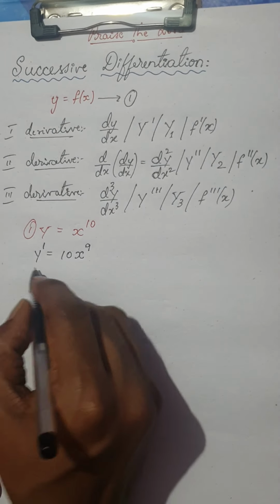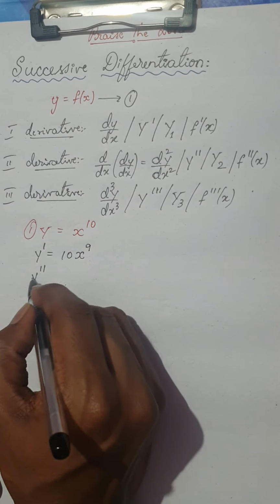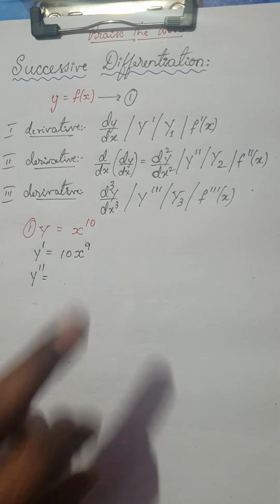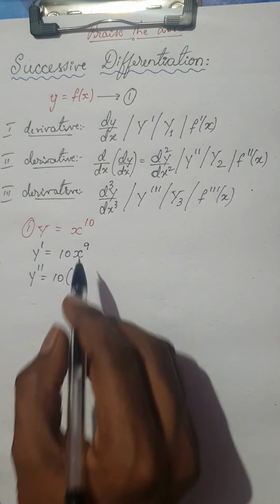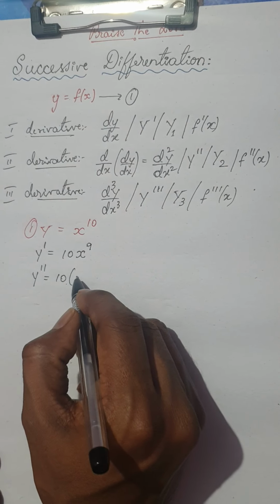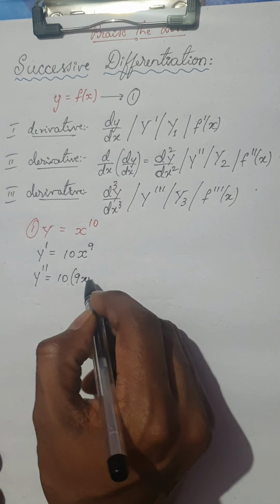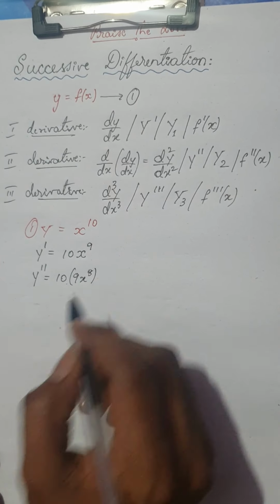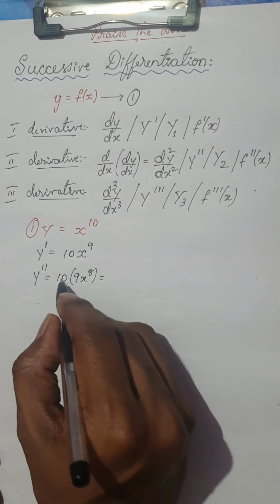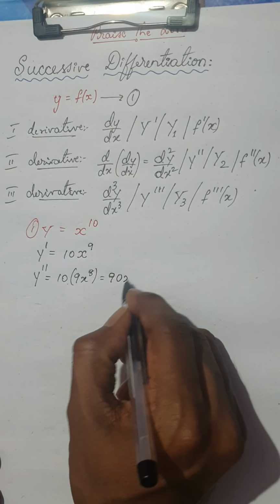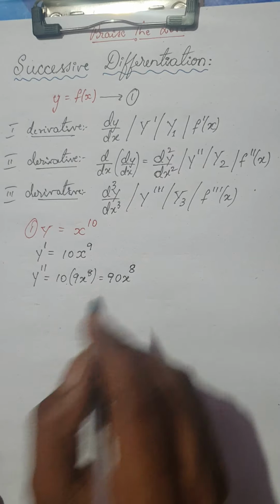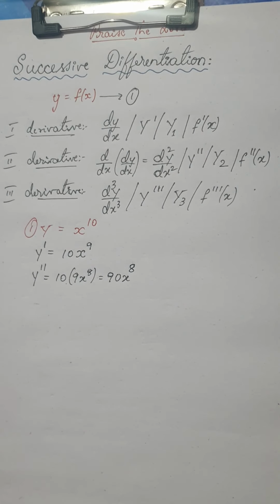Now similarly, if you go on for the second derivative, 10 is a constant, and the derivative of x power 9 is 9 into x power 8, isn't it? So this can be treated as 10 nines are 90, into x power 8. So this is my second derivative.